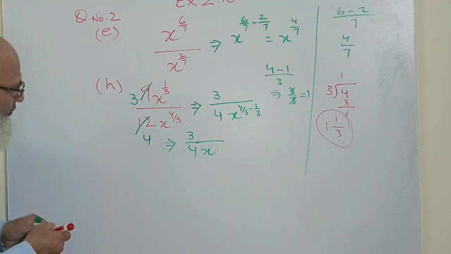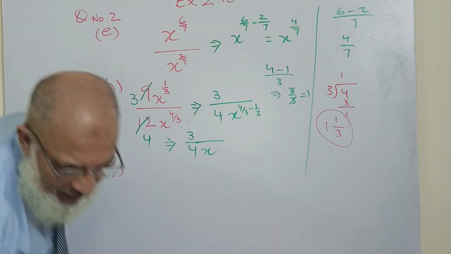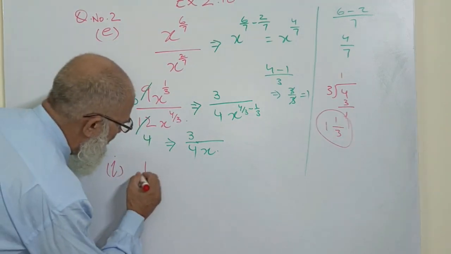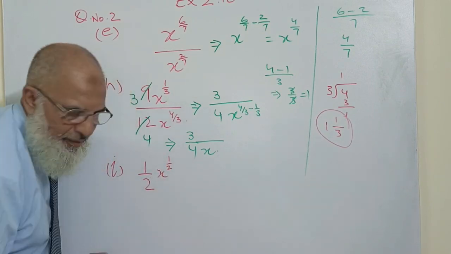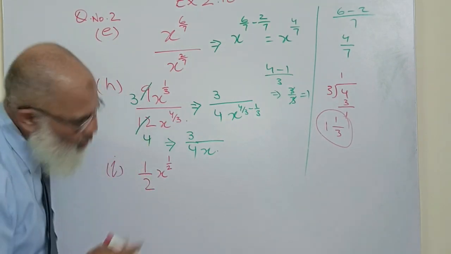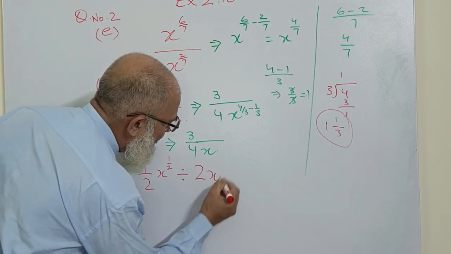Part I is (1/2)x^(1/2), and it is raised to power half, divided by 2x^2.